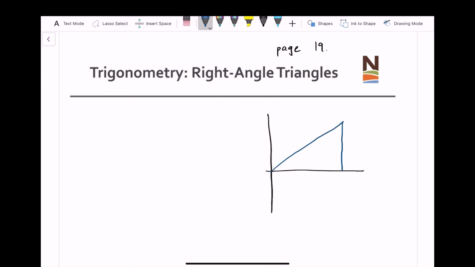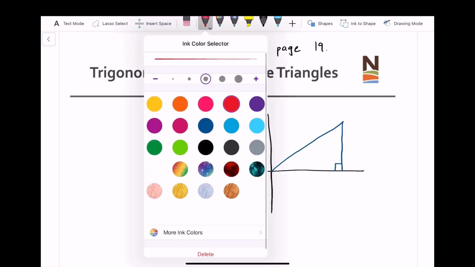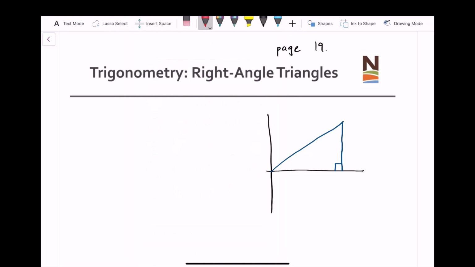Okay, so here's our triangle. I'll show the right angle there. And typically this is given an x, a y, and an h for hypotenuse. And we typically either have or need to find an angle, and we'll call that theta.